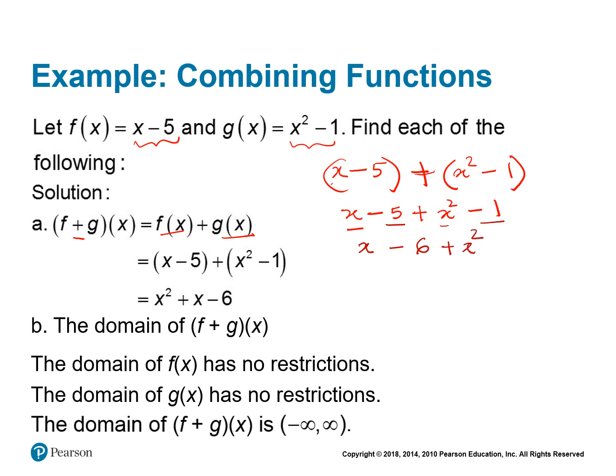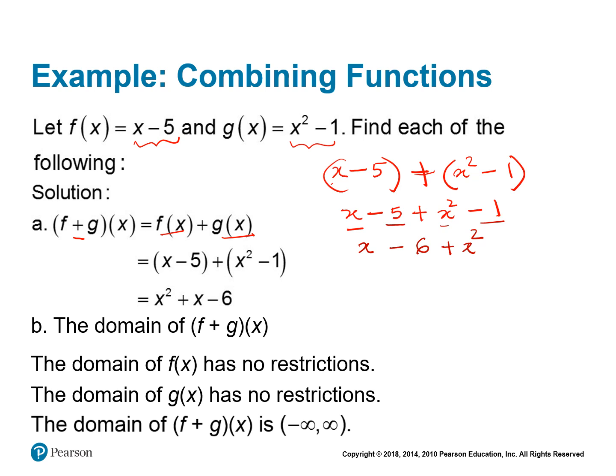And now that we have x minus 6 plus x squared, a trinomial expression, always make it a habit of rewriting the polynomial, or any polynomial, in order of their exponent from highest to lowest.